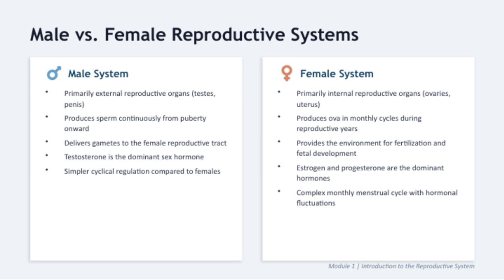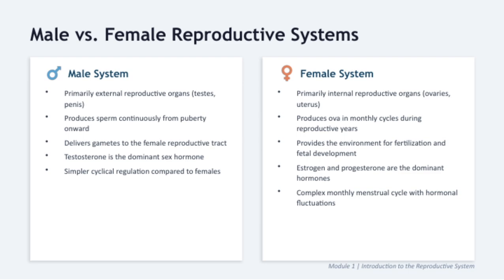On the other hand, the male reproductive system is mainly external, involving organs like the testes and penis. Unlike the female system, males produce sperm continuously starting from puberty, which means they are always capable of fertilization. Their primary role is delivering these gametes into the female reproductive tract. The dominant hormone here is testosterone, which drives the development of male secondary sexual characteristics and regulates reproductive functions.